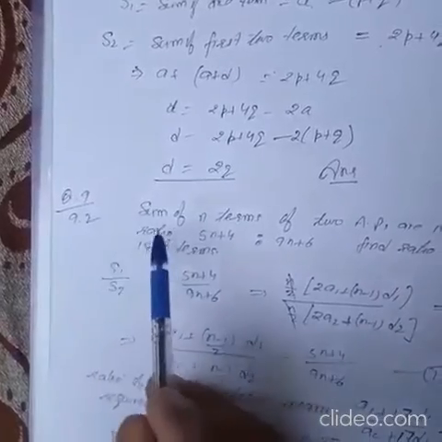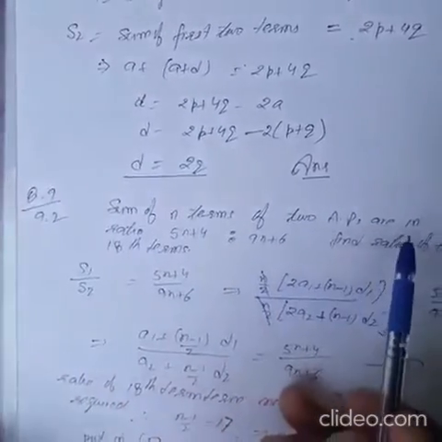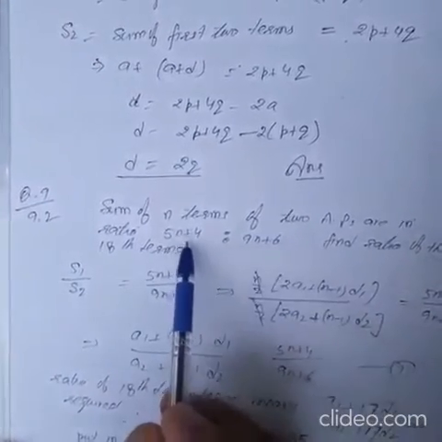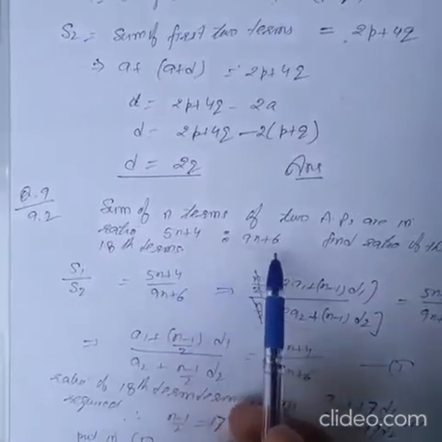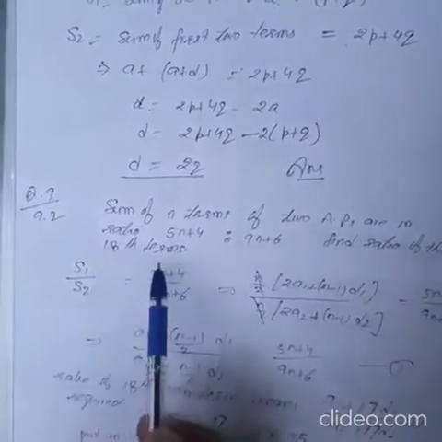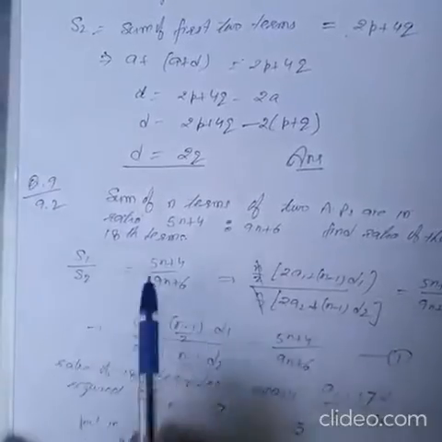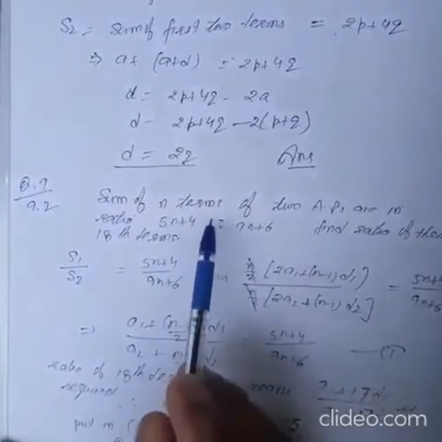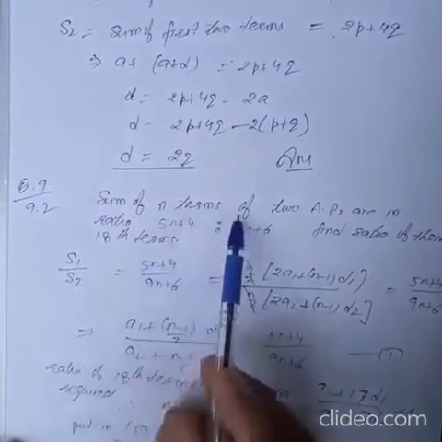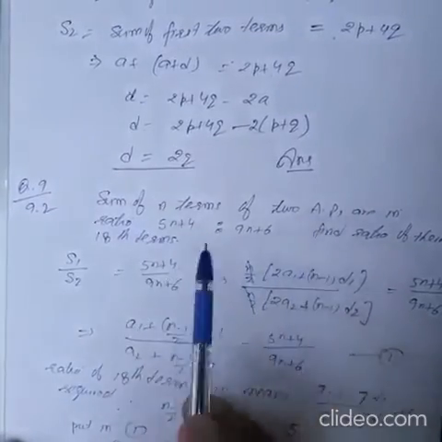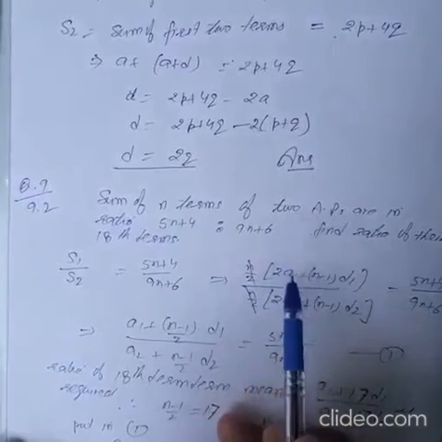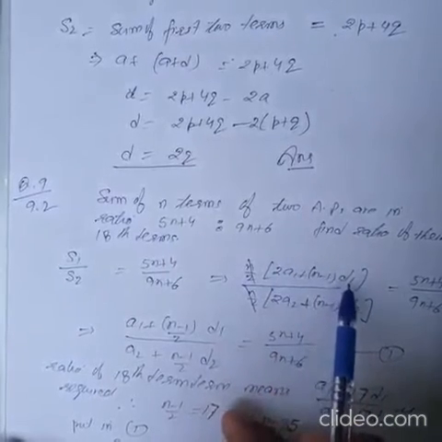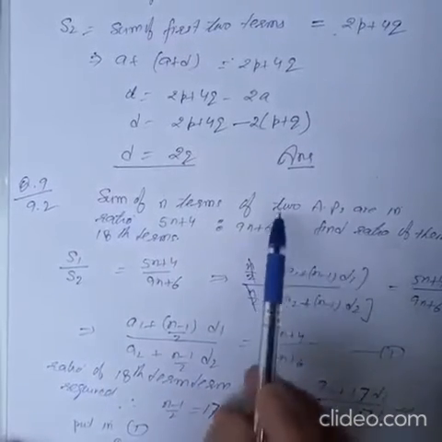Question number 9. Sum of n terms of two APs are in ratio 5n plus 4 is to 9n plus 6. Find the ratio of their 18th term. So S1 upon S2. Let A1 be the first term of the first AP. There are two APs. So for the first AP, A1 is the first term and D1 is the common difference.